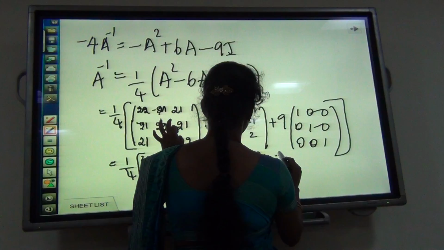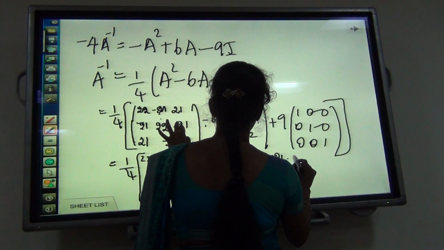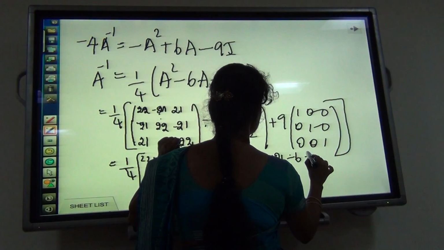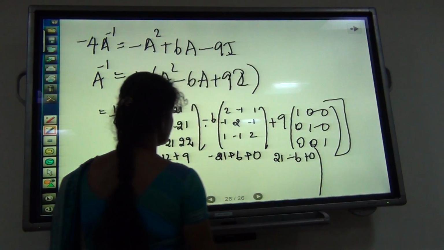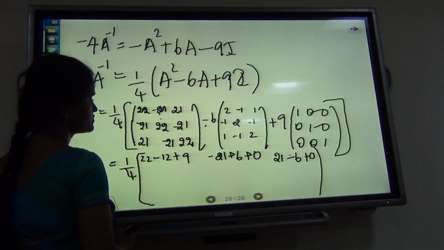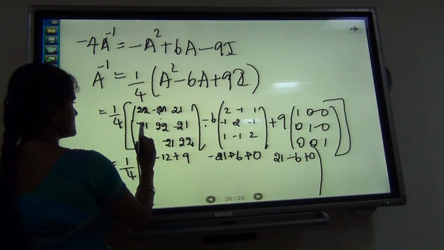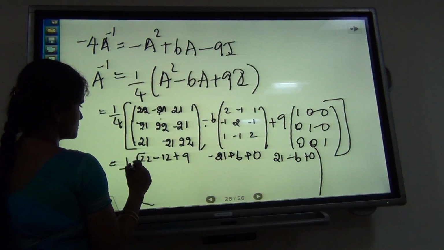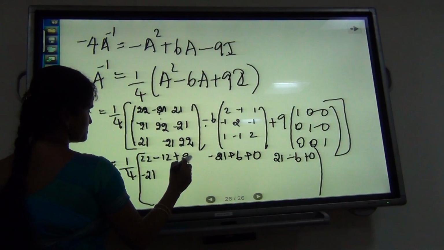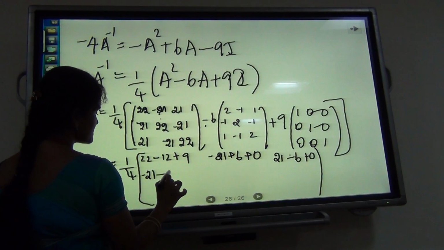Here it is 21 minus 6 plus 0. Here it's minus 21, minus 21, it is minus 12.